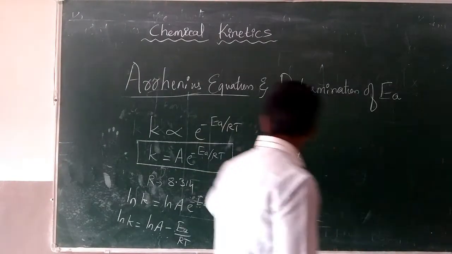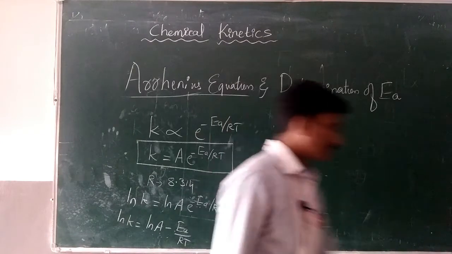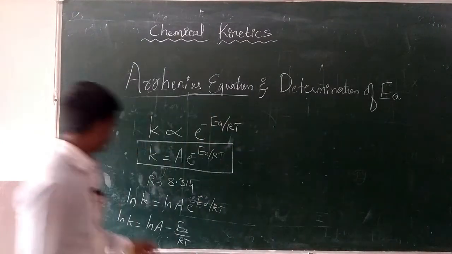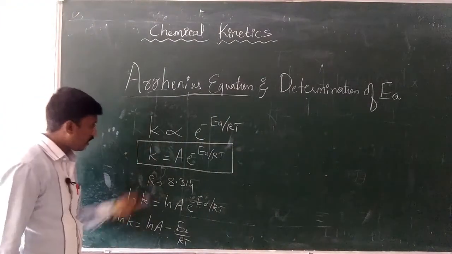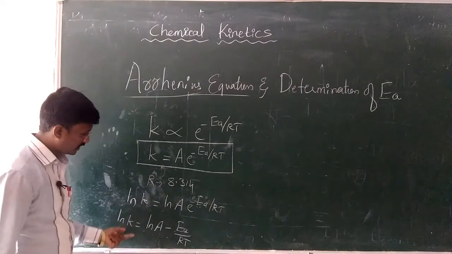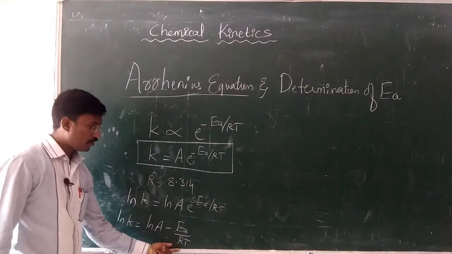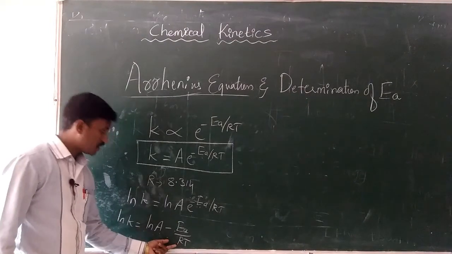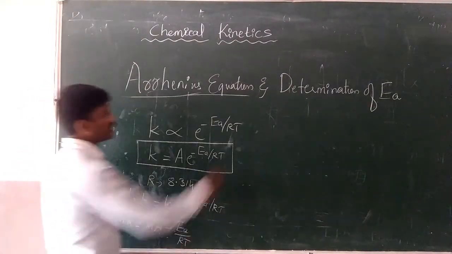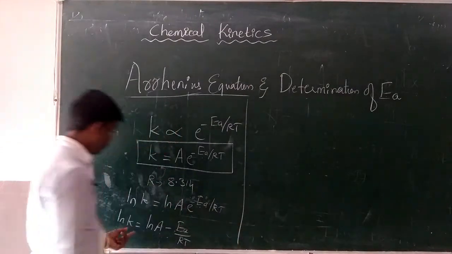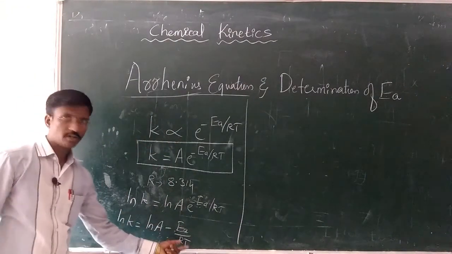So here, by taking ln on both sides, we get the expression ln k is equal to ln A minus Ea upon RT. Now, consider how k varies with temperature.